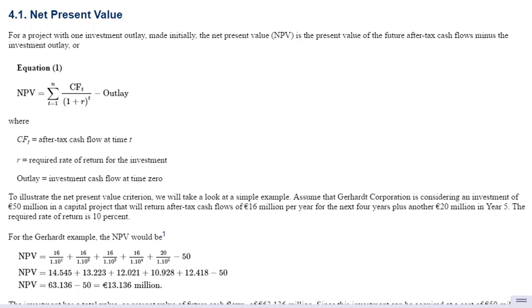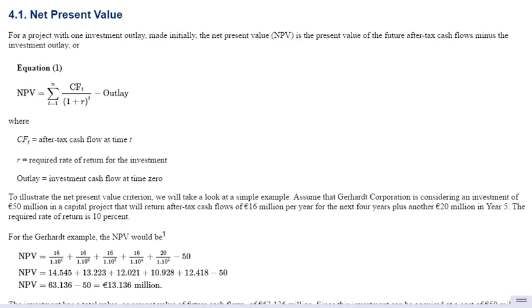Assume that Gerhardt Corporation is considering an investment of 50 million euros in a capital project that will return after-tax cash flows of 16 million euros per year for the next 4 years, plus another 20 million euros in year 5. The required rate of return is 10%.